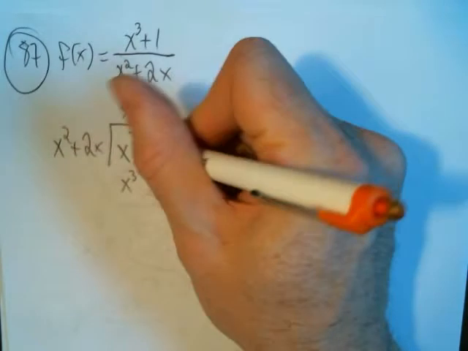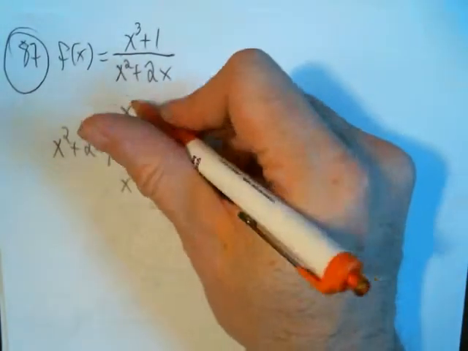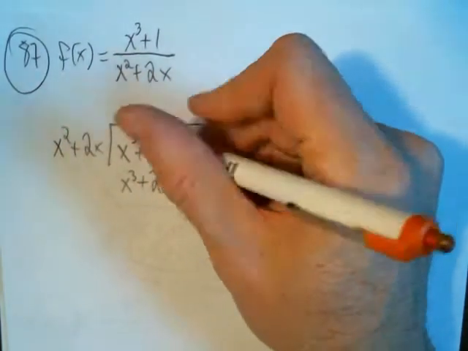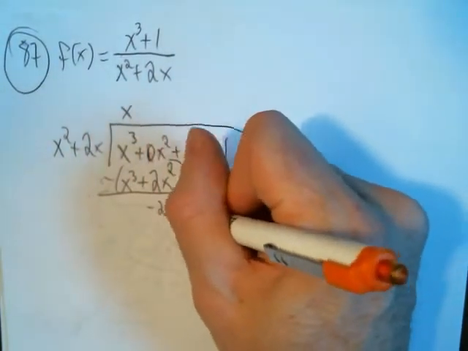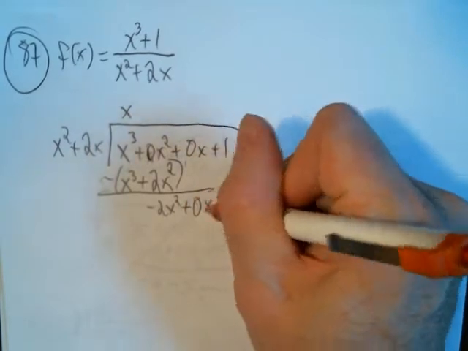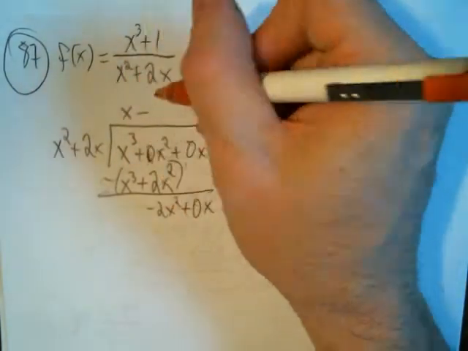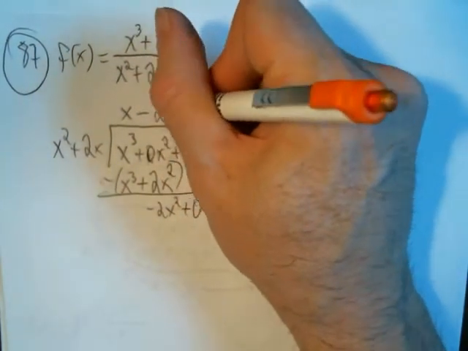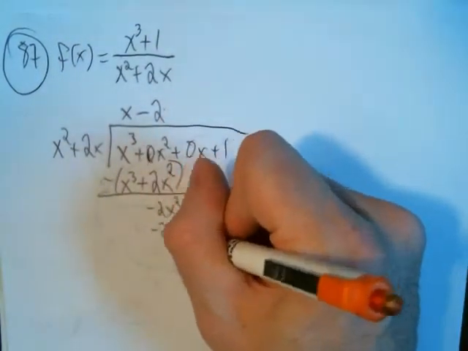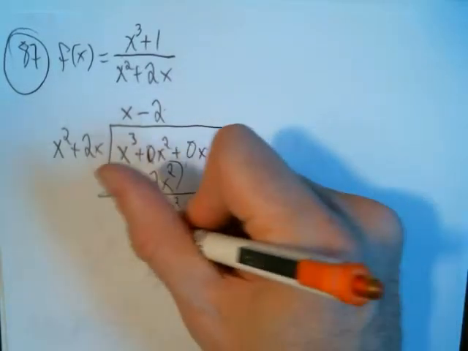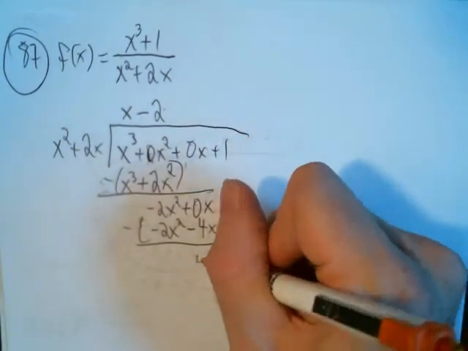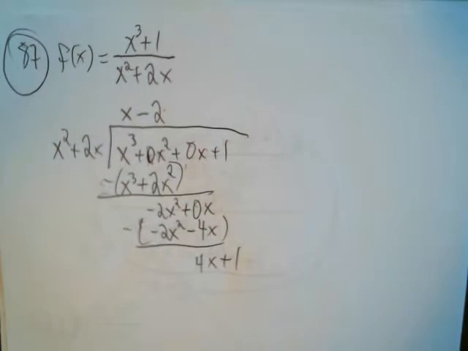So x times x squared is x cubed. X times 2x is 2x squared. Okay, so subtract those, negative 2x squared. Bring down the next term. So what times x squared is negative 2x squared? So you go negative 2. So negative 2x squared minus 4x. Subtract. Bring down the next term. So that'll be 4x. Bring down the 1.